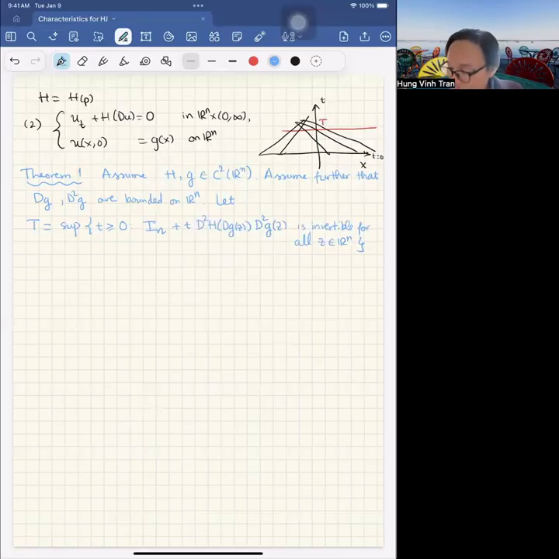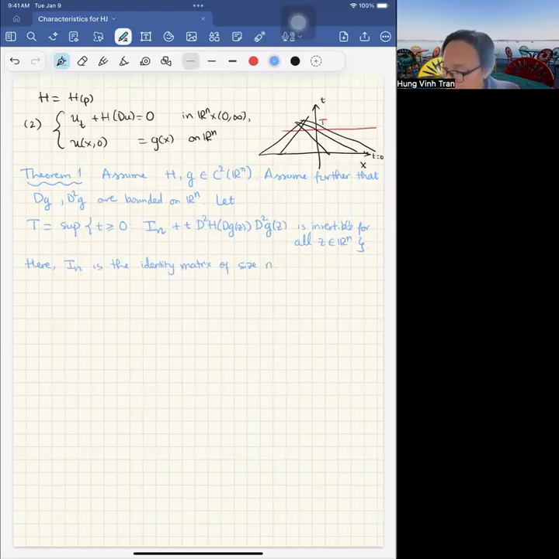Then I say that, maybe let me explain. Here I_n is the identity matrix of size n, an n by n square identity matrix.